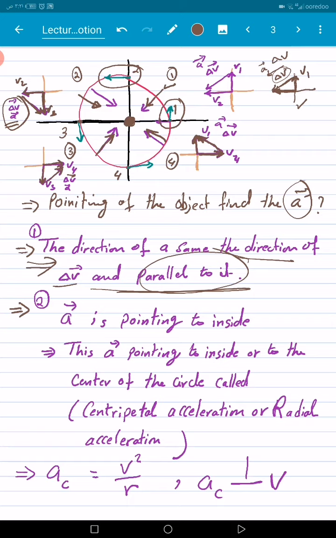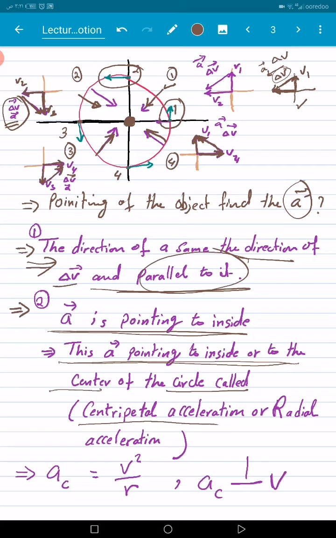So the acceleration is pointed to inside, and the acceleration pointed inside or to the center of the circle, it is called centripetal acceleration, or sometimes in some references it is called radial acceleration, with the same meaning.